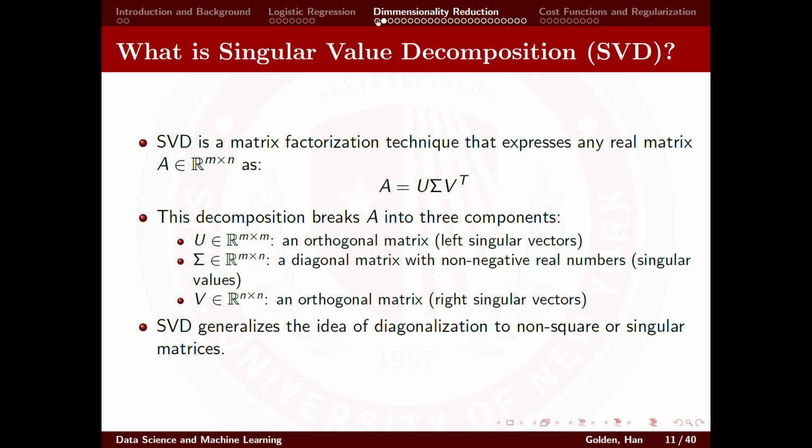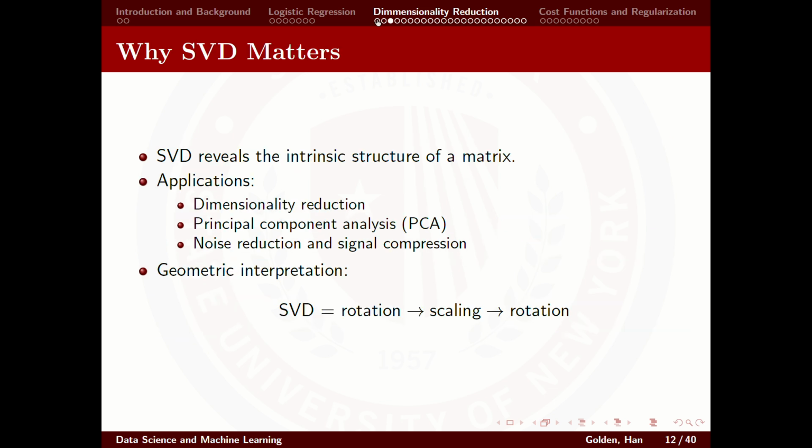So decomposition breaks A into three components: an orthogonal matrix, the left singular matrix, a diagonal matrix with non-negative real numbers, and an orthogonal right singular matrix. Again, very similar to eigendecomposition. In fact, it's the same for square matrices. SVD generalizes the idea of diagonalization to non-square or singular matrices.